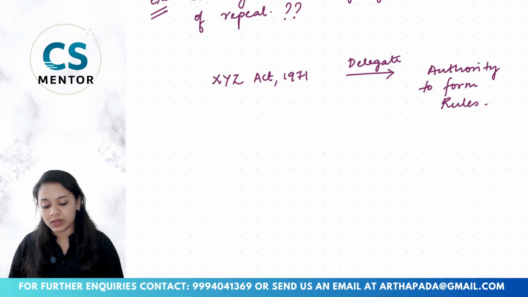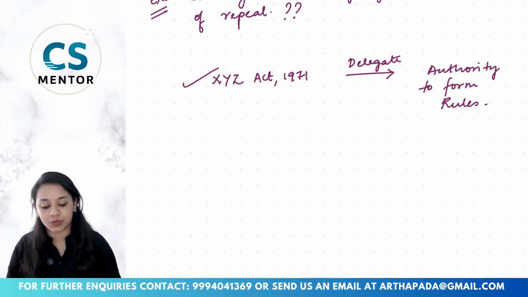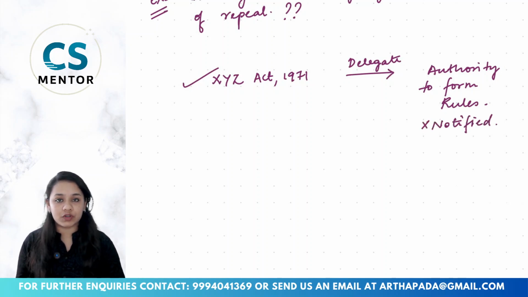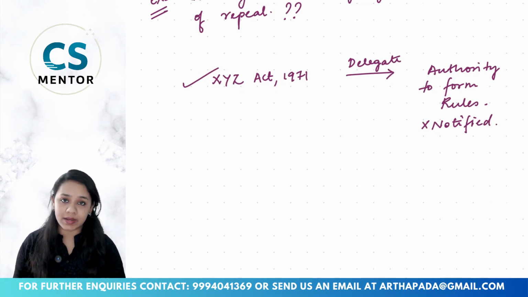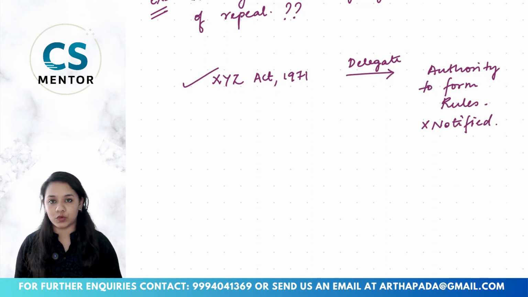Okay, and the thing is, the XYZ Act of 1971 was passed in the year 1971, but the rules were never notified. The rules were never notified. And this situation can happen. The law can be passed, and sometimes the rules will never come into force.